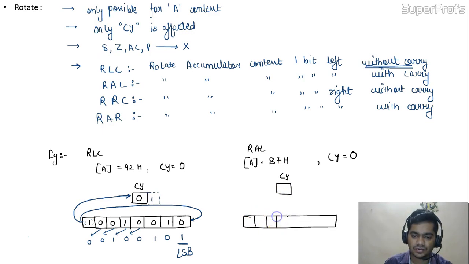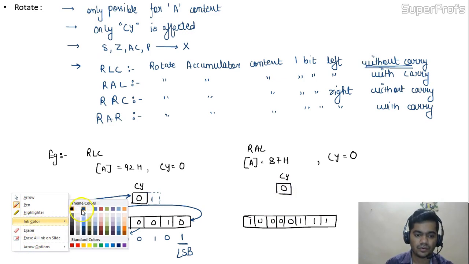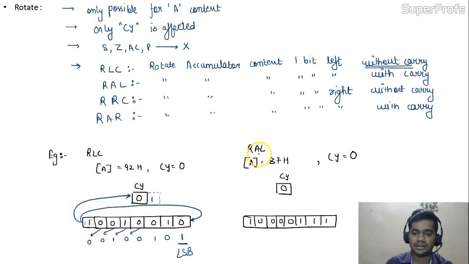So initially you can mark the contents, 8 and 7. Okay, these are the contents of the accumulator and this is the content of carry. Now we have to rotate the contents of the accumulator one bit left with the help of carry. So it would be 0 as it is shifted one bit towards the left.